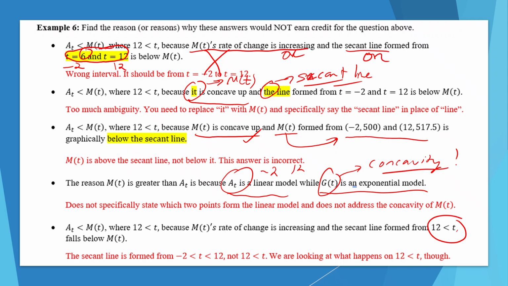But the secant line formed from -2 to 12 is really what you're looking for there. We care about what happens when t is bigger than 12, but that's not where the secant line is formed from. So really pay attention to small things like these. All these answers on paper look like they could be correct, but there are small things that make them not. So just really make sure you understand the wording of what I'm looking for and that you don't mix up any words here.